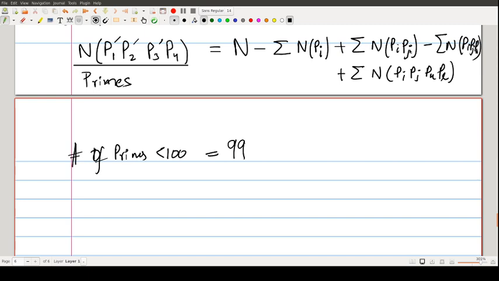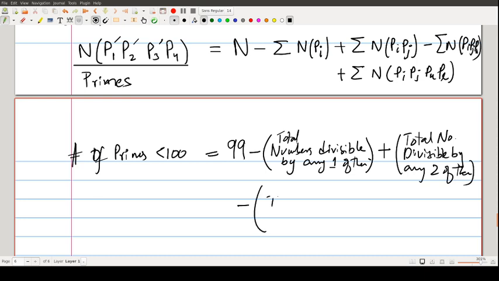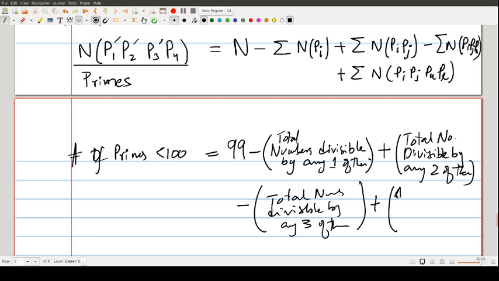And the remaining sum, so this is the total number of numbers divisible by any one of them, plus the total number divisible by any two of them, minus the total number divisible by any three of them, and finally plus all the elements divisible by all four of them, right? And so you find out these terms.